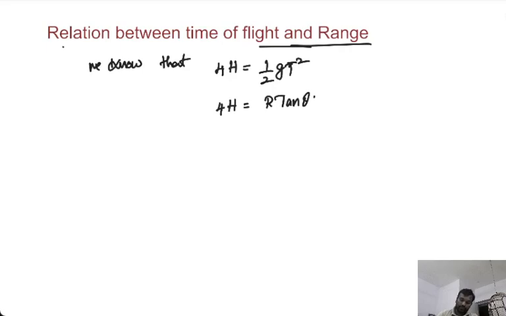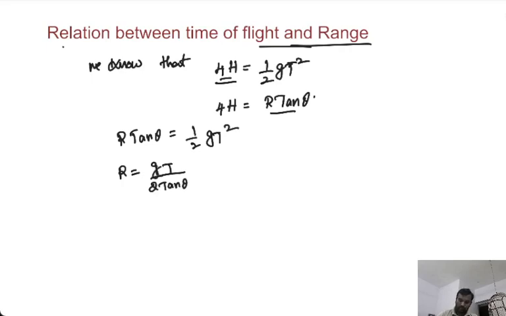So now in this 4h place you write R tan theta. Then R tan theta is equal to 1 by 2 g t square. Then R is equal to 1 by 2 tan theta into g t square.